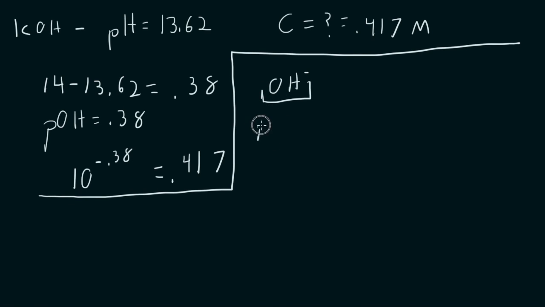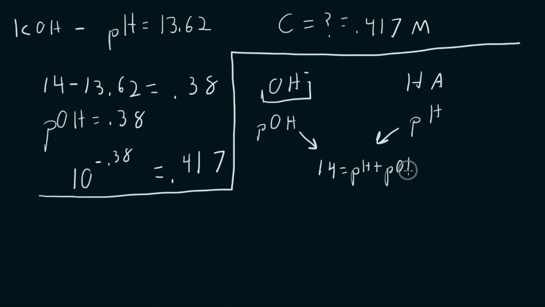Then we're going to use all of the equations related to pOH to go from a concentration to the pOH. If we have something that has an H followed by some anion, like sulfate or chloride or nitrate, that is going to use pH. And if we want to go back and forth between these two, between pOH and pH, we're going to go 14 equals pH plus pOH.